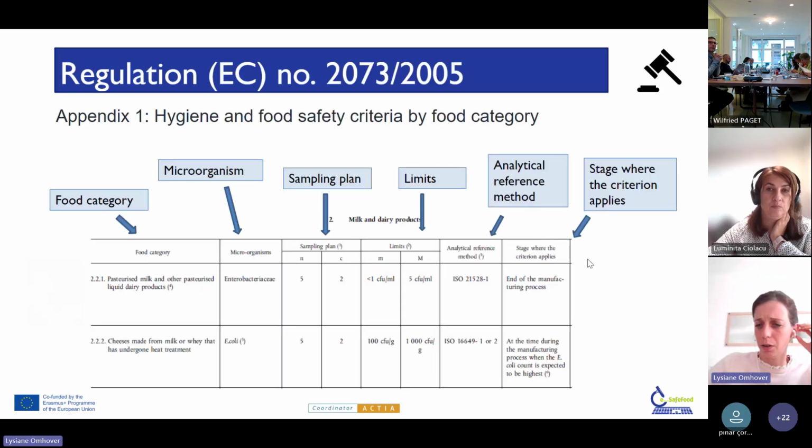So here you have a screen of products. It's milk and dairy products. It's found in Appendix 1 in the EC regulation. For each food category on the left, you can find specified microorganisms, and you have the limits of contamination in the products, with the analytical reference method and the stage where these criteria are to be applied.